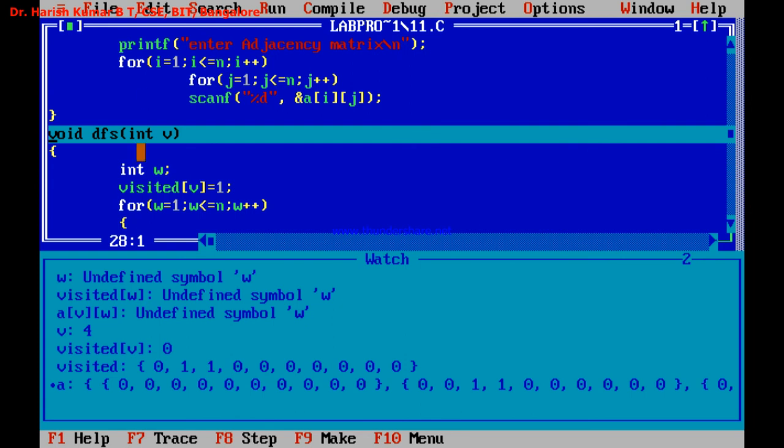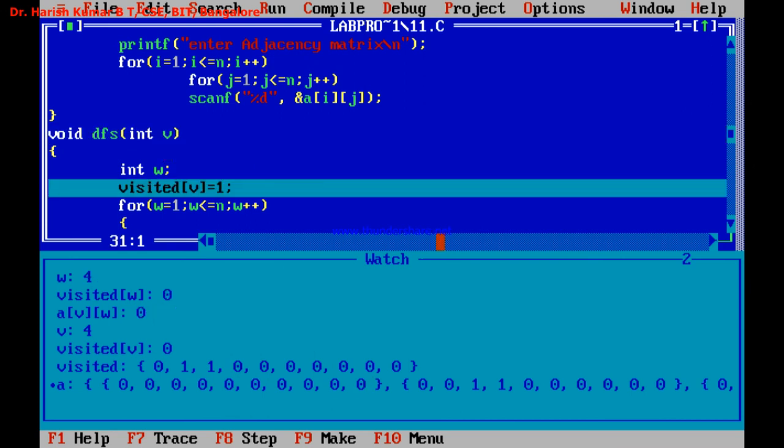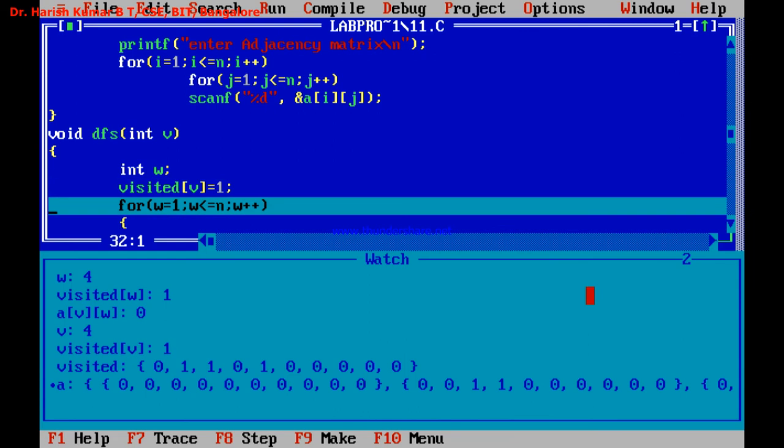You can just see V value has become 4 right now, because W we passed and the V value is 4. Now visited of 4, we are making it as 1. I will show you. See, this is visited of 1, visited of 2, and this is visited of 3.